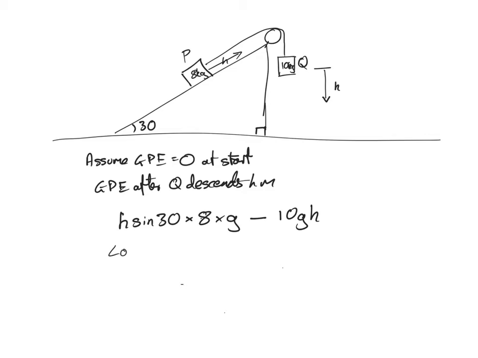So this is 4gh, so it's a loss, equals minus 6gh, loss of 6gh GPE.